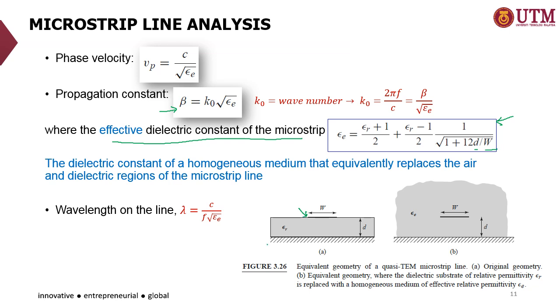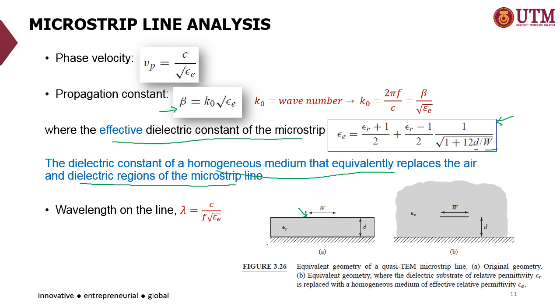Why do we need to consider the effective dielectric constant epsilon E? Because the effective dielectric constant considers a homogeneous medium that replaces the air and also the dielectric region of the microstrip.